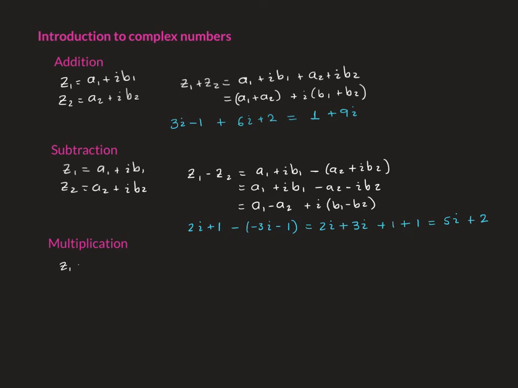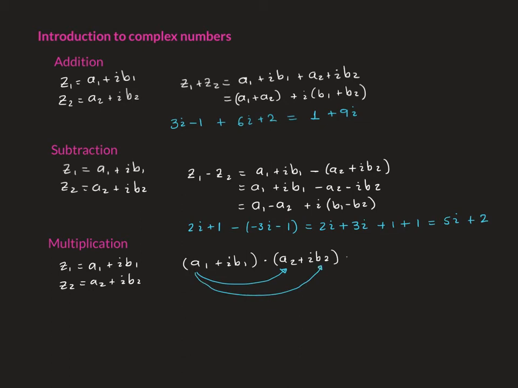Now let's consider the multiplication. Similar to the two cases above, we are going to use these general numbers, z1 and z2, and we are going to multiply them as we would a binomial. So a1 plus ib1 times a2 plus ib2, you will need to do a distribution by multiplying term by term.